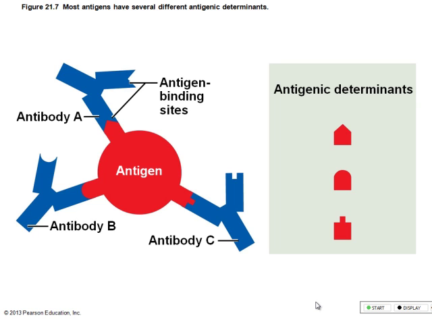Blood type antigens also have antigenic determinants. Now, in order for me to neutralize and fight them off, those determinants are going to be important. Because I, in an adaptive defense, can make very specific chemicals called antibodies that will attach to these determinants.